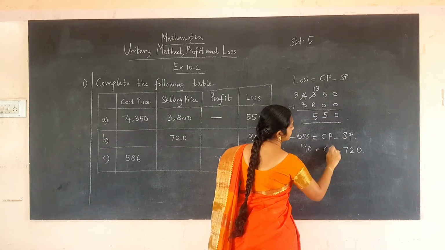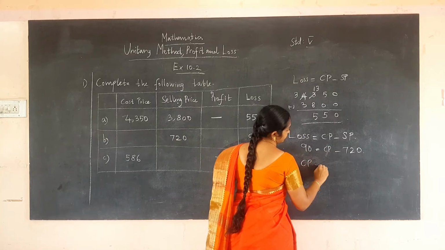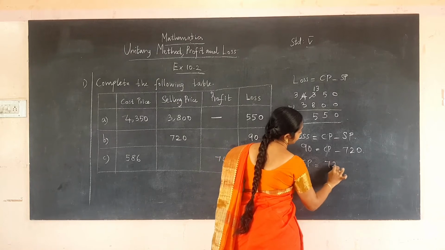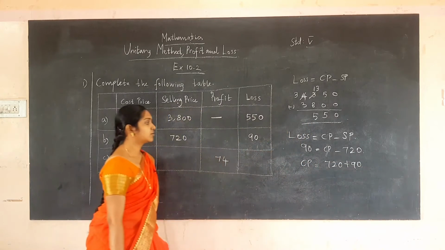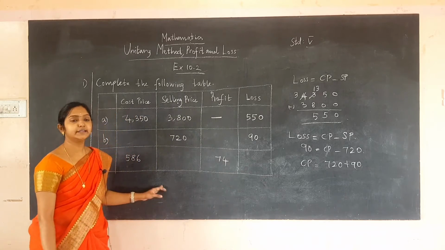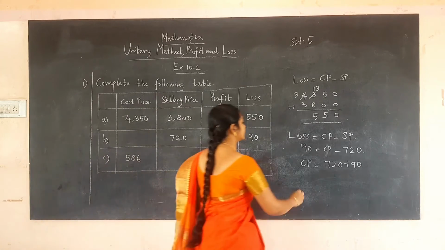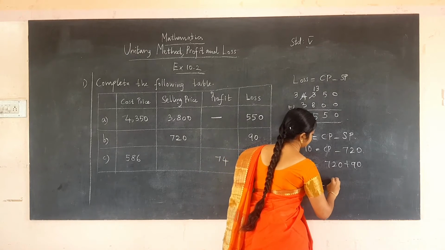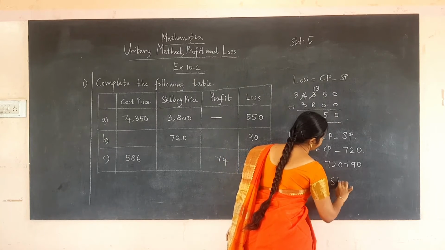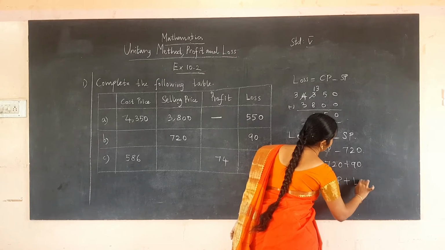So to find the cost price, we have to add 720 and 90. We will get the cost price. To find the cost price, we have to add selling price and loss.